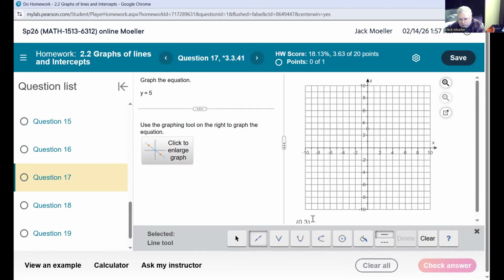It's kind of hidden down here, but a lot of people like to start with the intercepts, and then they kind of get lost. But if you know it's a horizontal line, go to any other point that's on that horizontal line and you're good. Same if you're trying to do, say, x equals 5. So x equals 5 would be a vertical line.